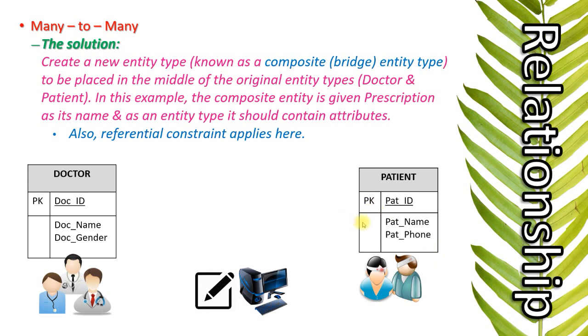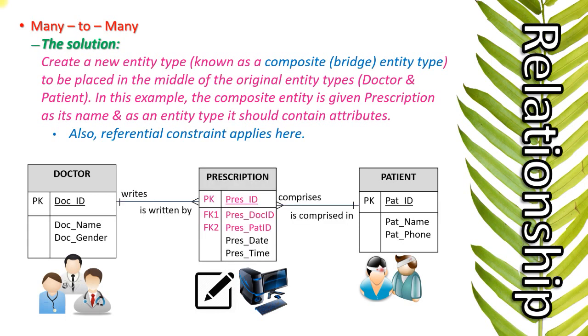Remember the same steps that we need to repeat over and over again when we have a many-to-many relationship type involving these two entity types. What should we do? We need to create a new entity type in the middle.